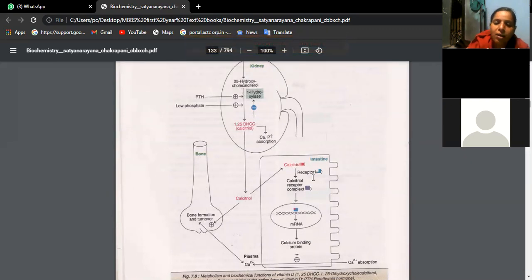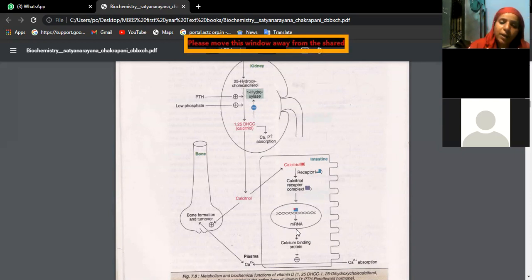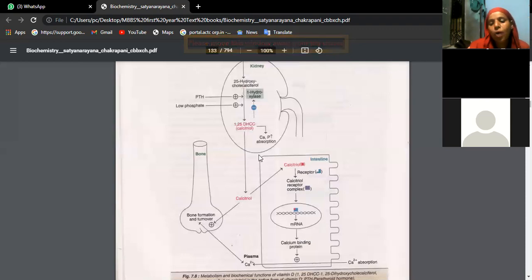Once the calcitriol-receptor complex is formed, it enters the nucleus and controls transcription, that is the formation of mRNA. From mRNA, translation takes place, that means formation of proteins. Hence vitamin D is called a hormone because its function is similar to a hormone.